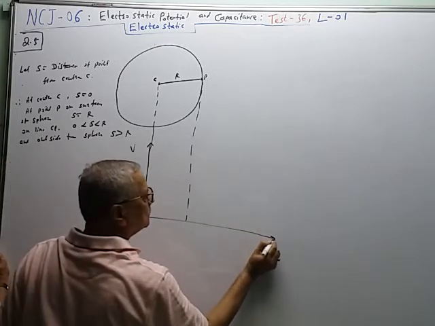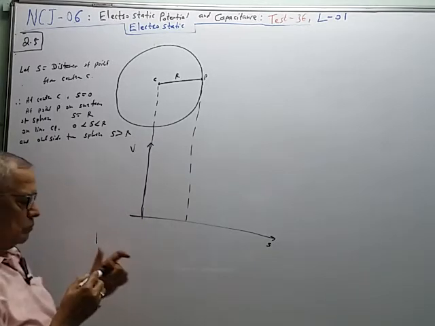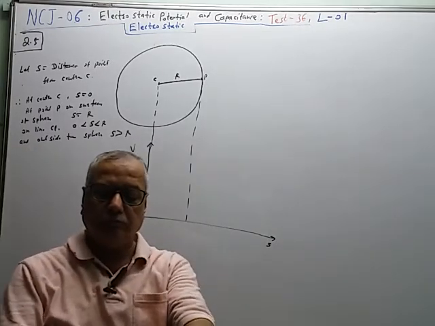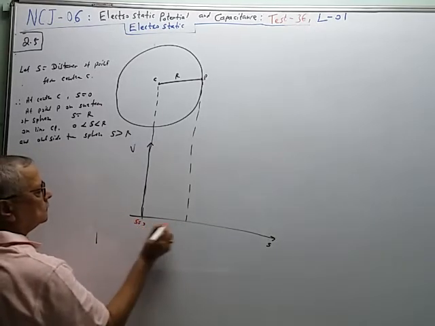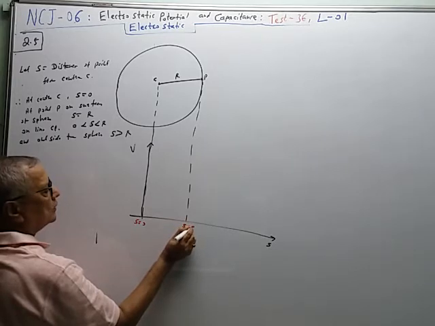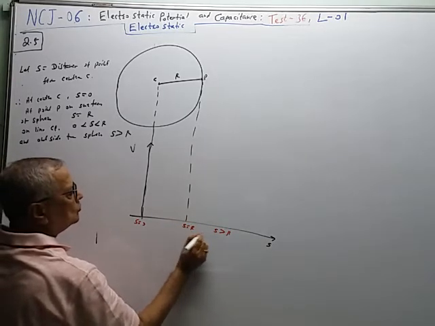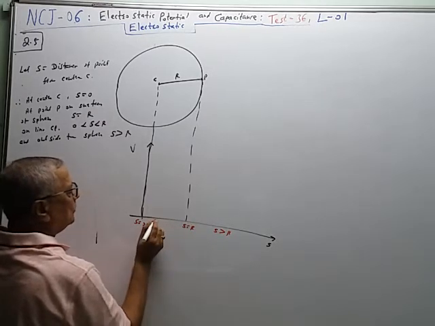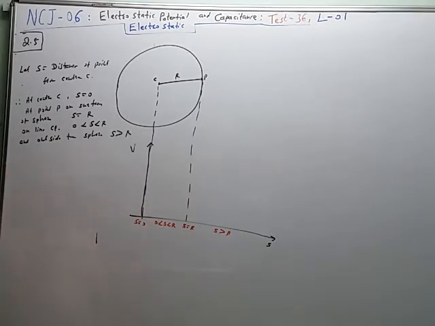V versus S. So this is S equal to 0, and this is S equal to R. Then S greater than R for all these values, and this is 0 less than S less than R, like this.